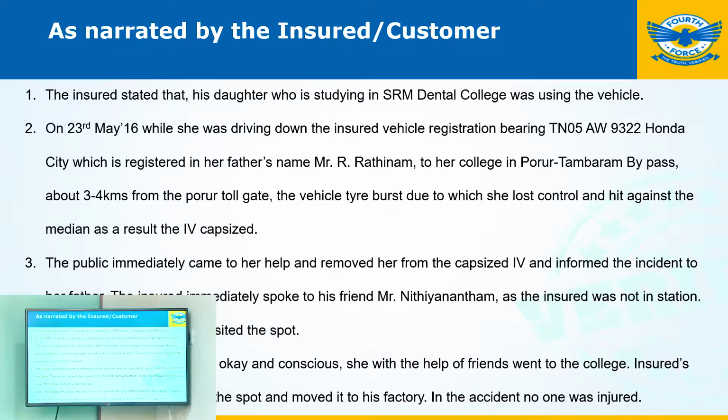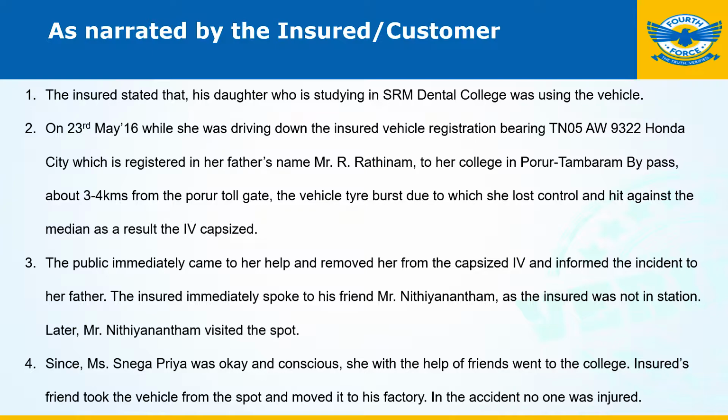Then the public who were in that area came to her rescue. They removed her from the vehicle. Then she spoke to the insured, and the insured immediately spoke to his friend Nityanandam, as the insured was out of station.